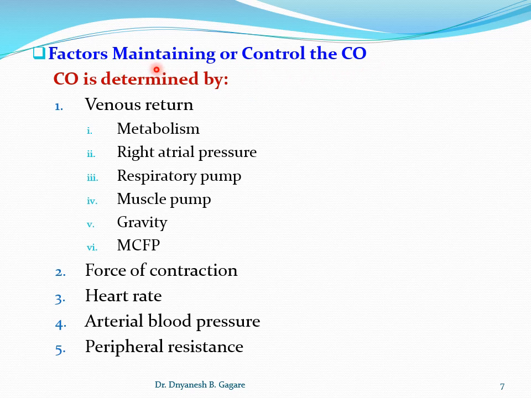The meaning is the same: maintaining, control, determine, affecting, regulating. So these are the factors, and they control the cardiac output. This is a list of the factors which determine the cardiac output, and we'll see them one by one.